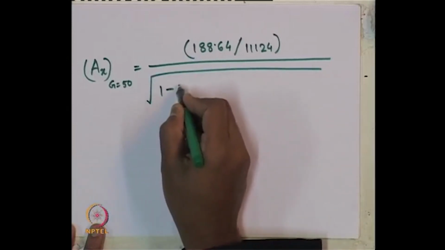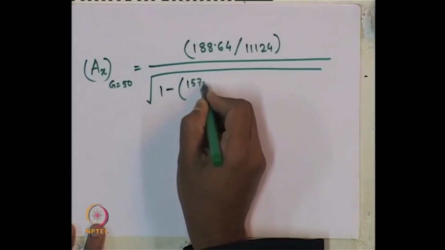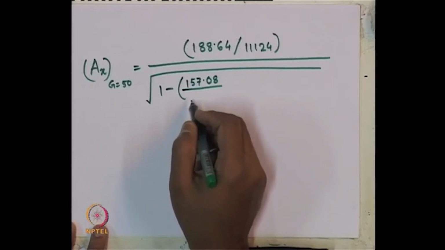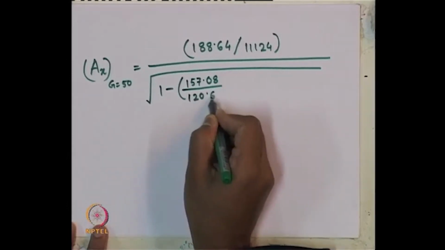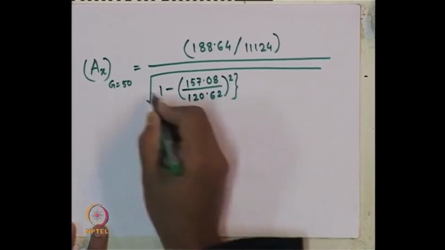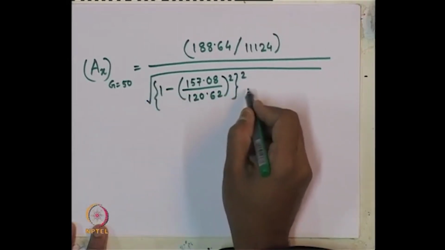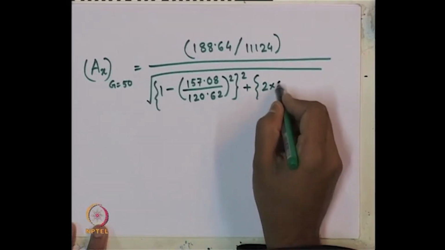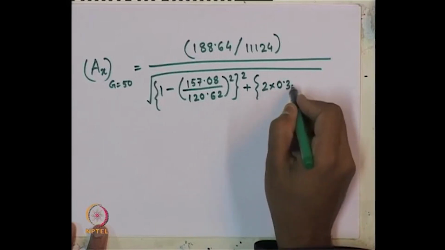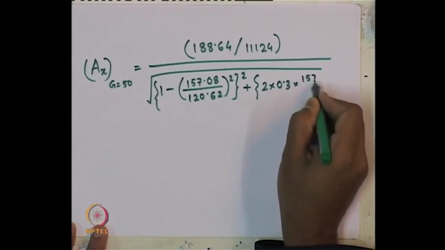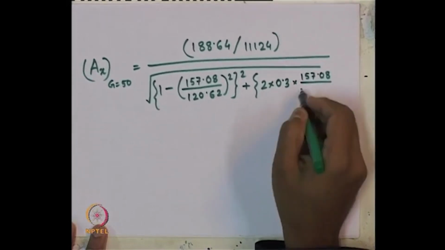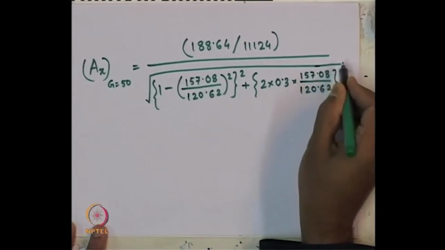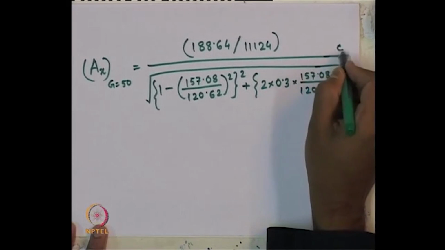Root of 1 minus 157.08, which is the operating frequency, by omega n for the first type of soil, which we have calculated as 120.62, whole square, plus 2 into eta x, which we have calculated as 0.3 for the first type of soil, then 157.08 by 120.62. So much of centimeter.